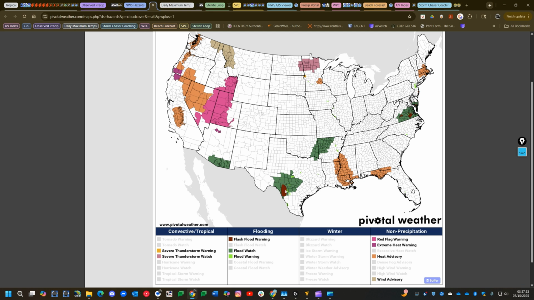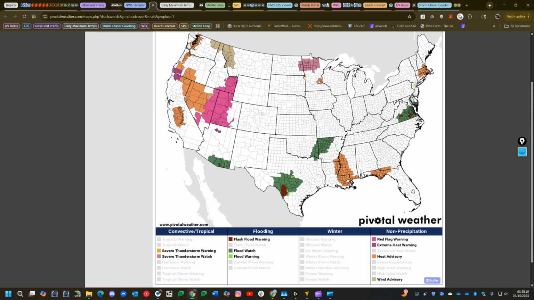Flash flood warning in Texas. Again, Mid-Atlantic heat advisory up in the Northeast along the coast. Red flag warning. I think it's a red flag warning. Severe thunderstorm watch up here in the upper Midwest.